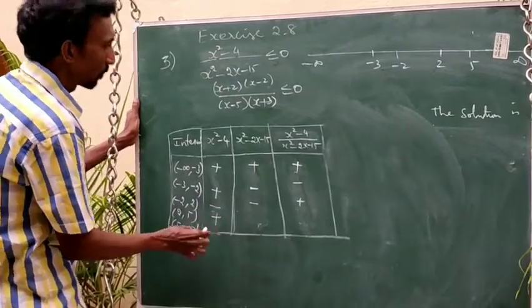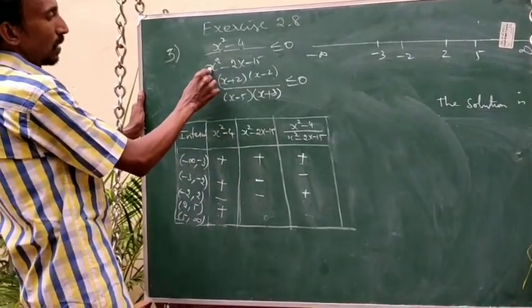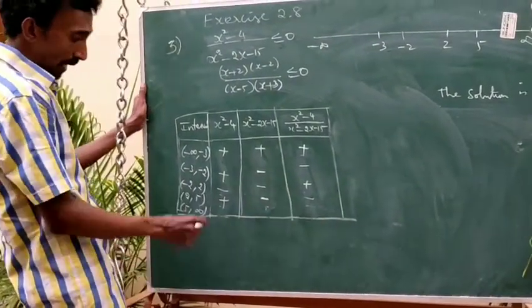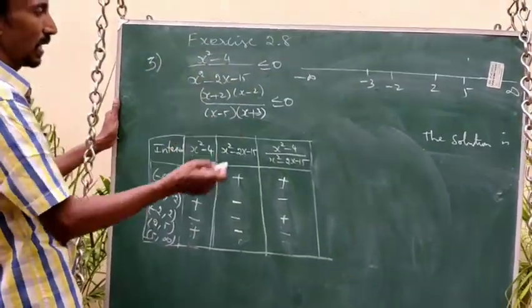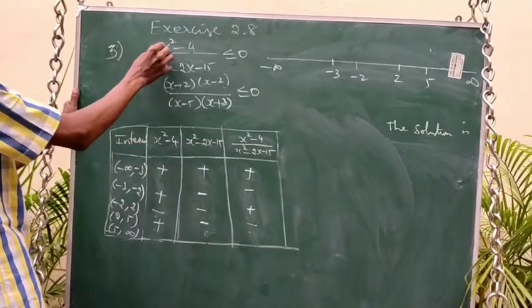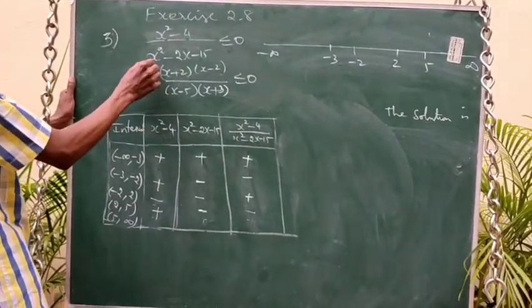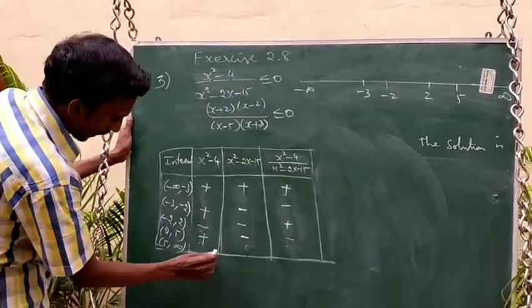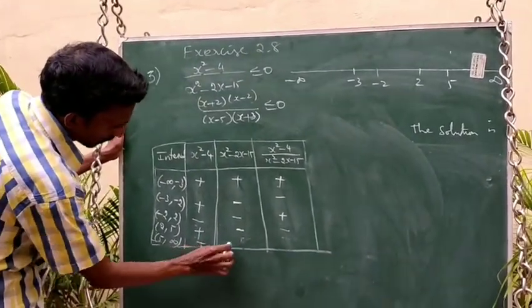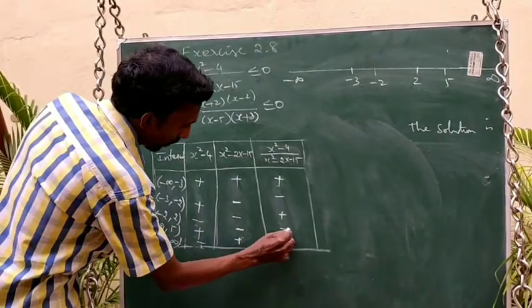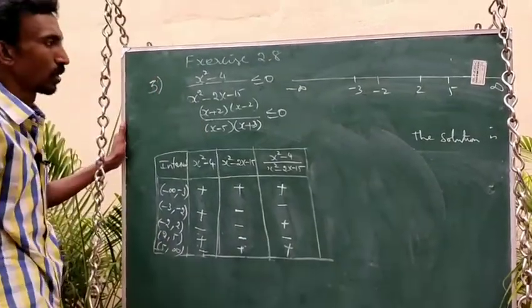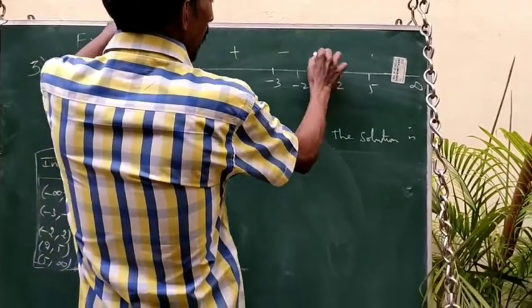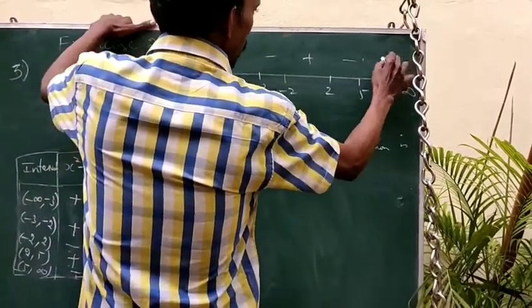So positive. So 9, so negative. So positive by positive, negative. Again greater than 5, put 6. Positive. Here 36 minus 12, again positive. So positive by positive, positive. So here it is in the alternate sign: positive, negative, positive, negative, positive.